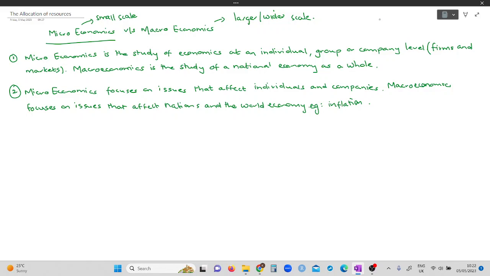Donc, bien sûr, quand un pays est capable d'avoir différentes qualités de market system, qu'est-ce que ça veut dire market system? Ça veut dire how the allocation of resources are being made. Donc là, nous parlons de trois types de market system. We have the free market system, we have the planned market system, and we also have the mixed economic system.